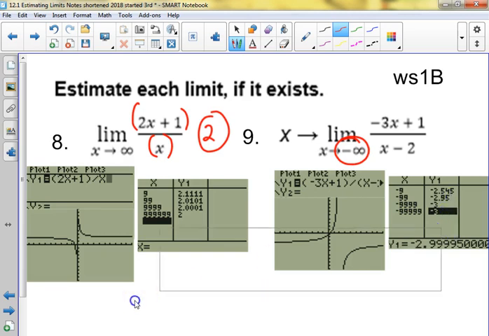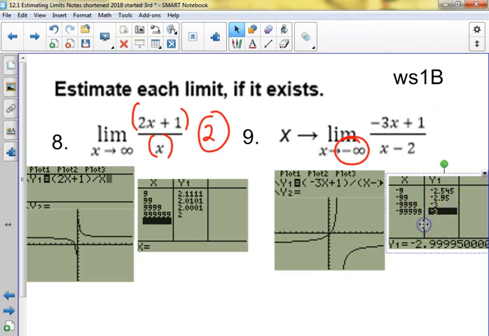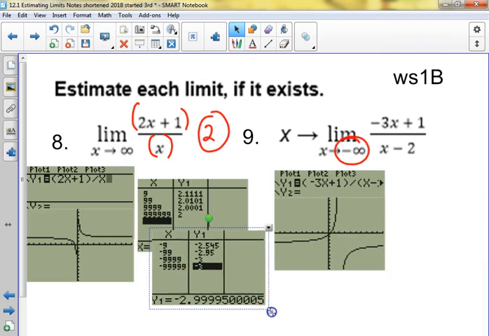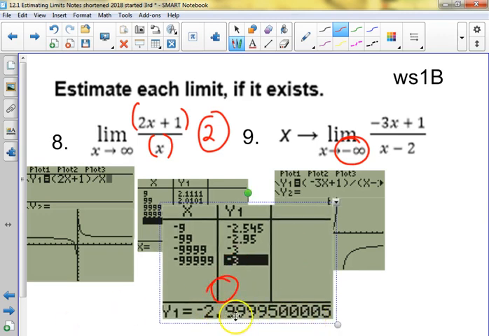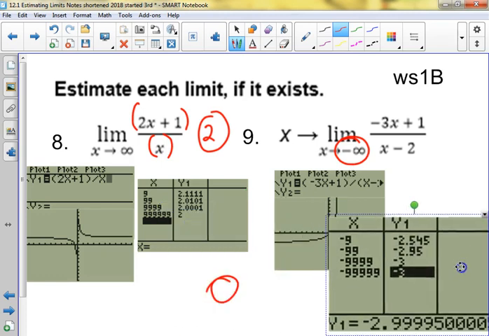Do you notice what I did here, though? Hang on, sorry. This one, it looks like it actually says it hits -3 right here in my table. But if I scrolled onto the number, do you see what it actually showed? It's just rounding it to -3 to fit it in the table. All right.